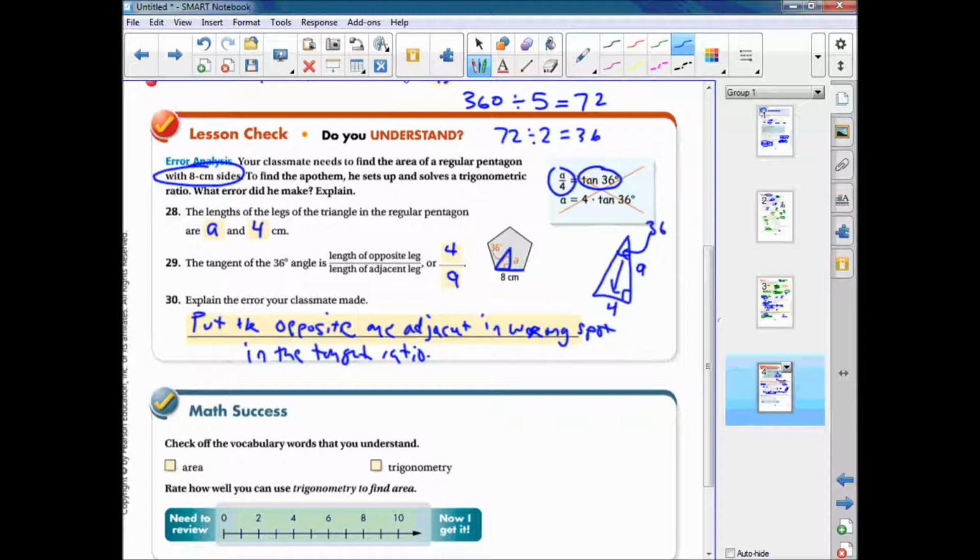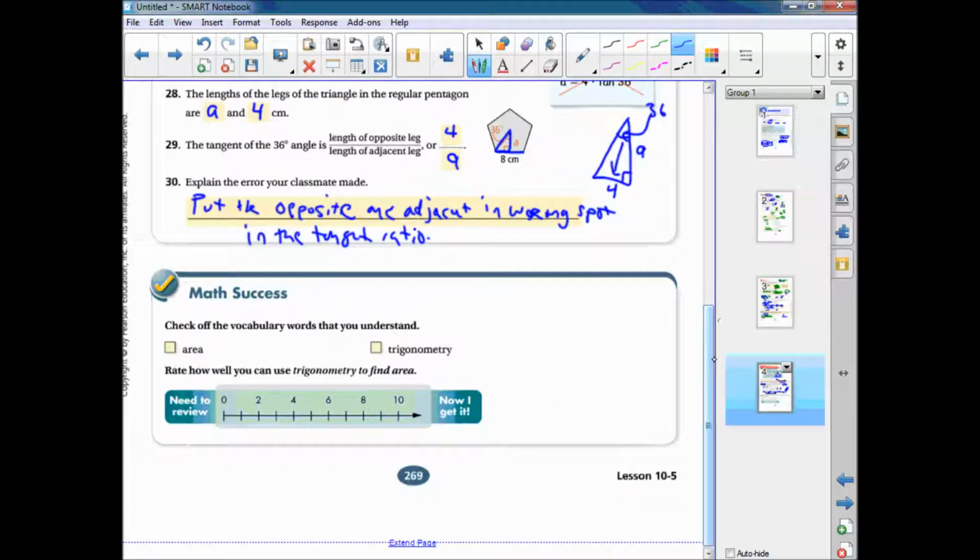All right, so it should have been the tangent of 36 is 4 over A. Okay. All right, so that concludes our lesson for today. We'll practice this, which will give us a good chance to do some extra practice on our trigonometric ratios.